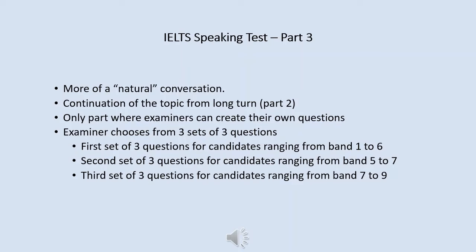They would range, if you thought the candidate was between a 5 to a 7, you may start there. And the third set of 3 questions is really reserved for the high level candidates, band 7 to 9. And only very occasionally would an examiner start with that set of questions.